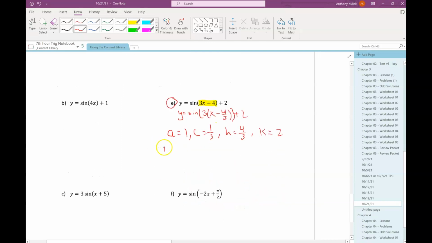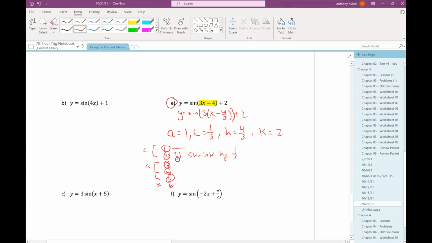Okay. So I have those 6 transformations that I do. The first 2 I do for C, A, H, and then K. Since C is positive, I have no reflection, so I'm just going to put a dash there. Since the absolute value of C is less than 1, that's a horizontal shrink by 1/3.